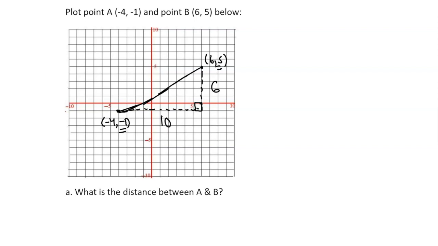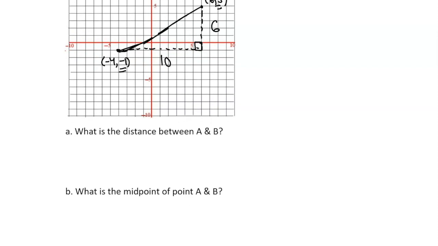If you have something like that and they want to find the distance of our points, we know that a squared plus b squared equals c squared. And if we can find c, the hypotenuse, we'll be able to find the distance between these two points.